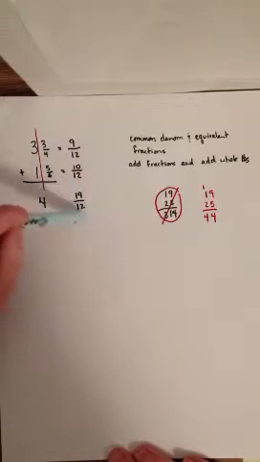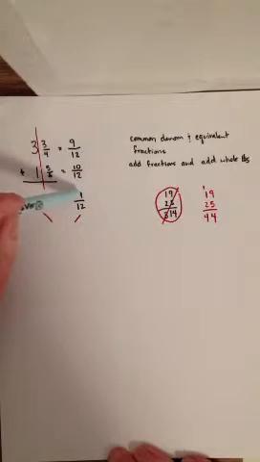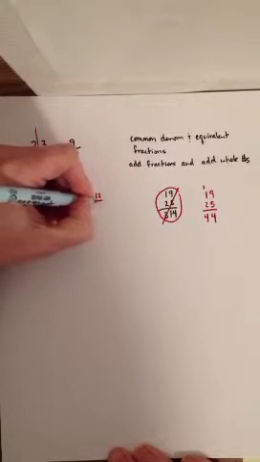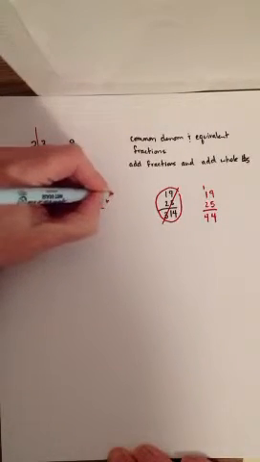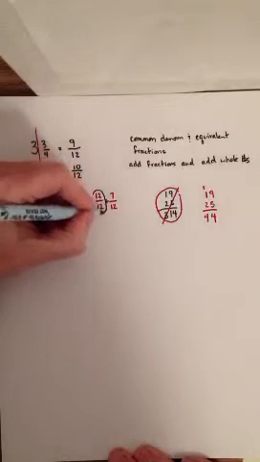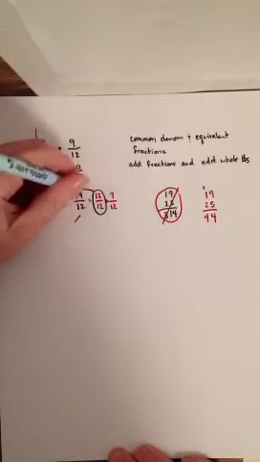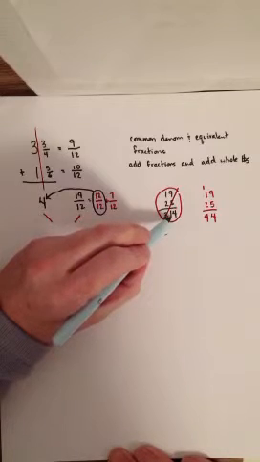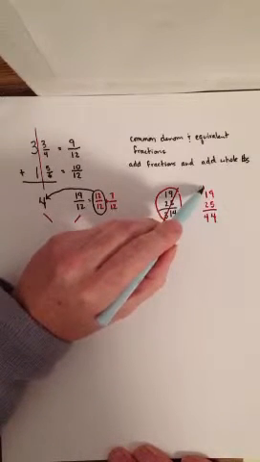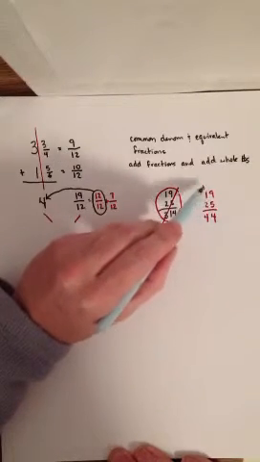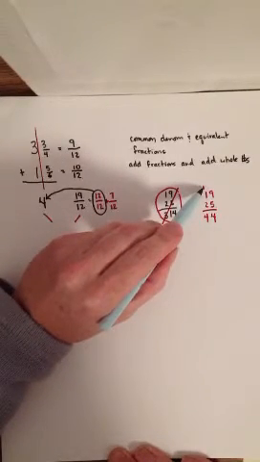This has enough parts to make a whole, since 19/12 has 12/12 plus an additional 7/12 in it. So this 12/12 needs to carry over and become a whole, much in the same way that when we added the ones place, the tens place needed to carry over into the tens column.